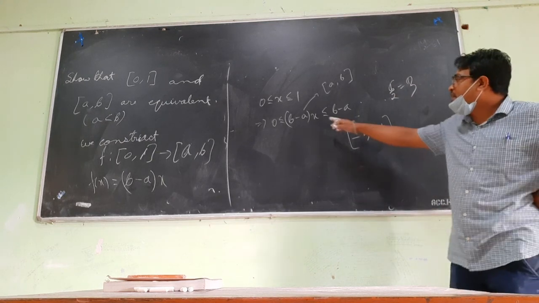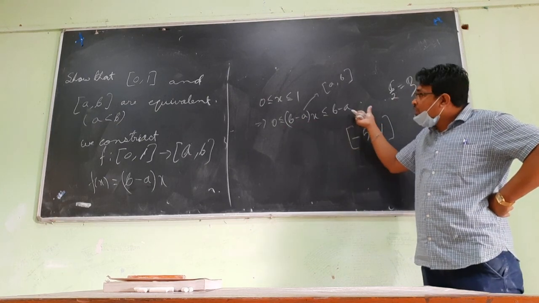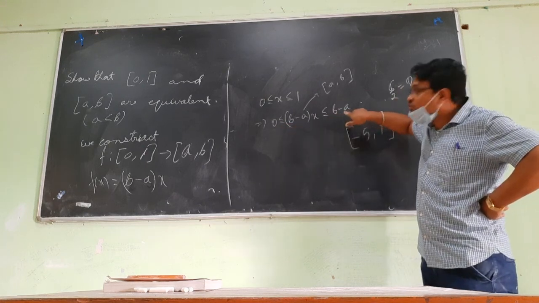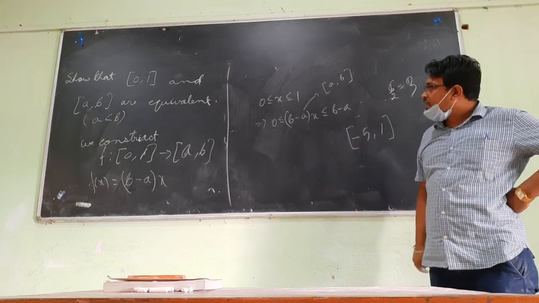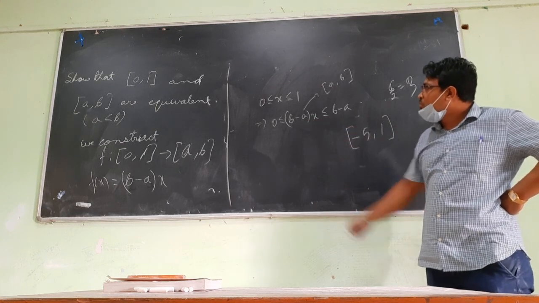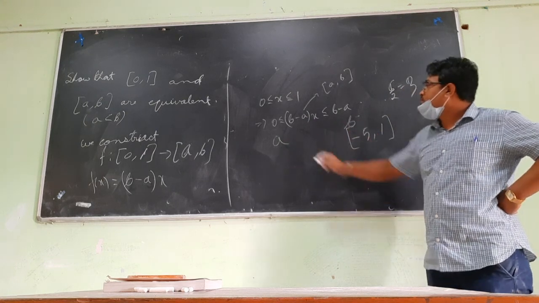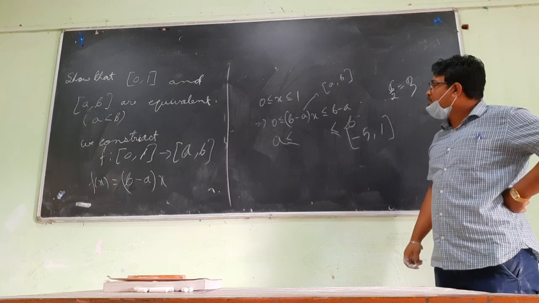I need something like a less than or equal to this less than or equal to b. I need that this should lie between a and b. So what modification is required here?